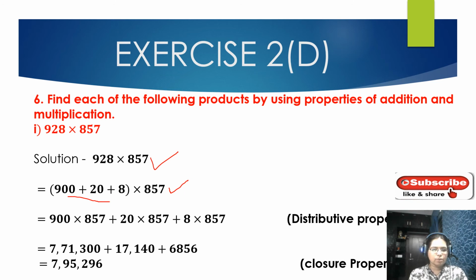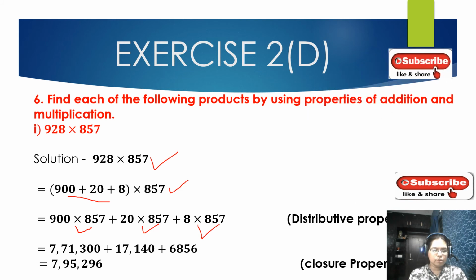Now 900 multiplied by 857 plus 20 multiplied by 857 plus 8 multiplied by 857. This is the distributive property of multiplication of whole number.